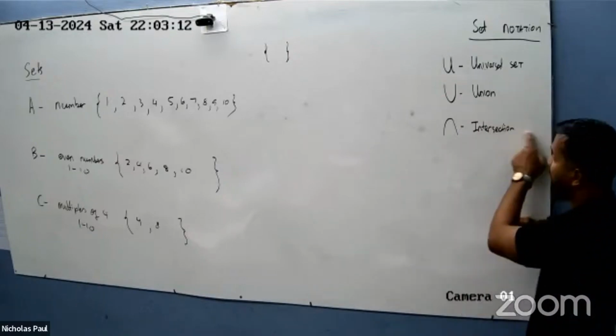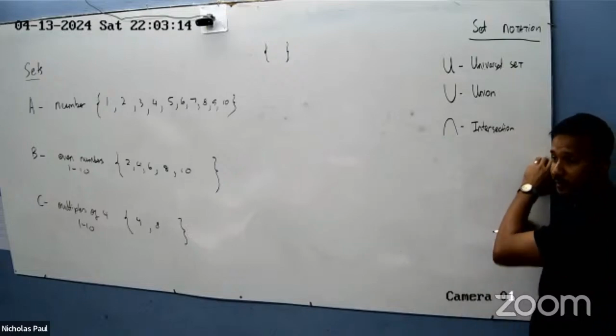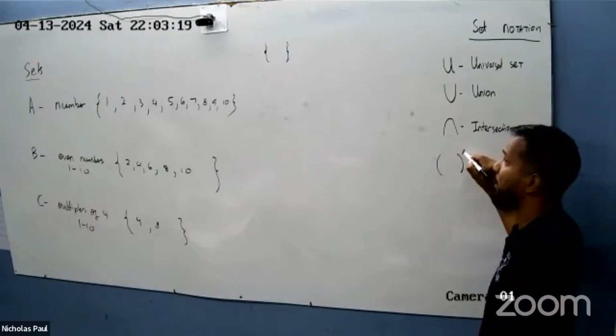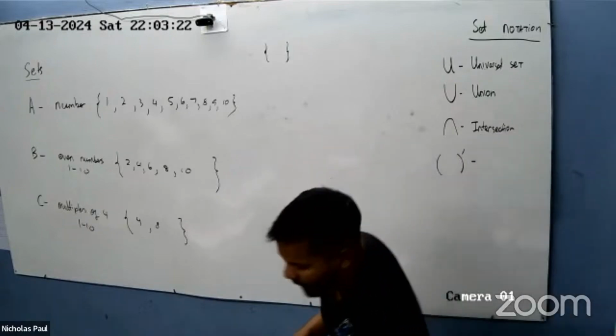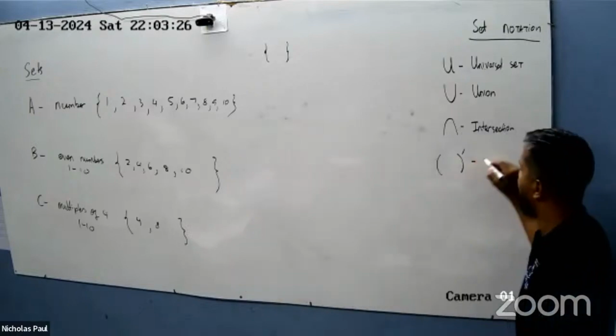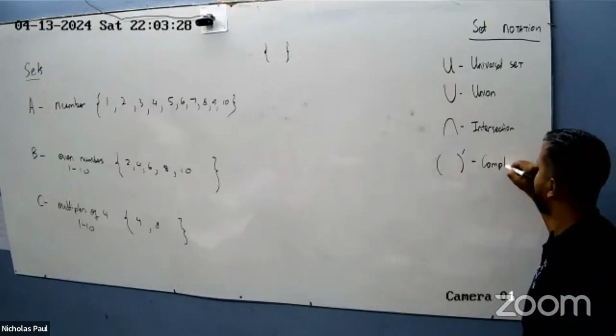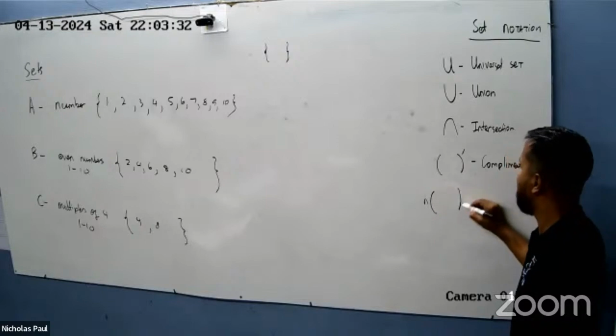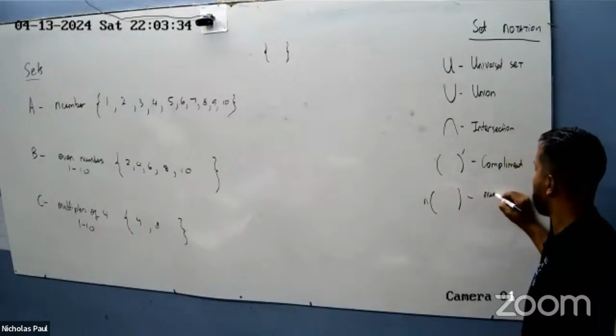Leave a little space next to it to write the meaning, right? Next, this little symbol here is called complement. This symbol here means number in set.